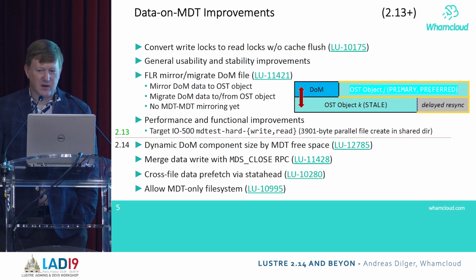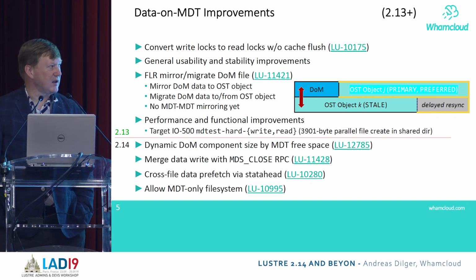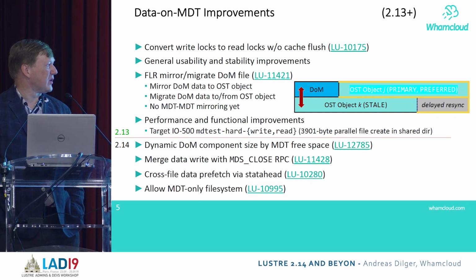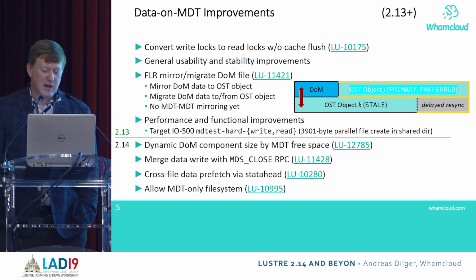And so moving along this direction, we're going to continue working on some performance improvements. Also usability in terms of balancing data on MDT component size based on the file system free space.